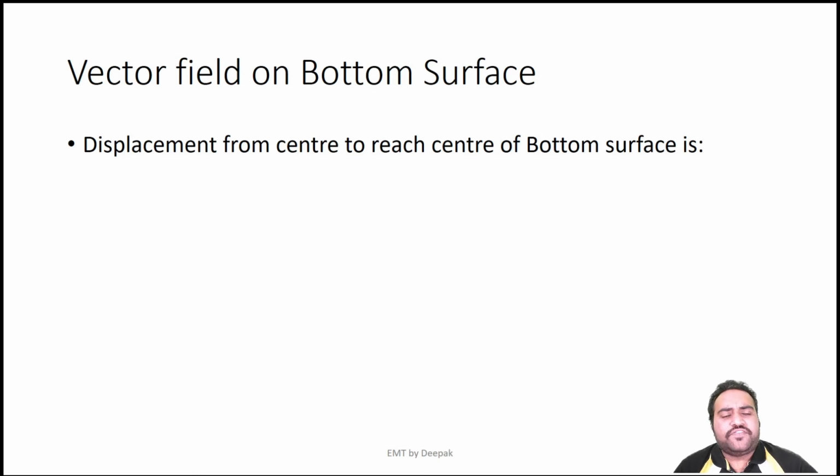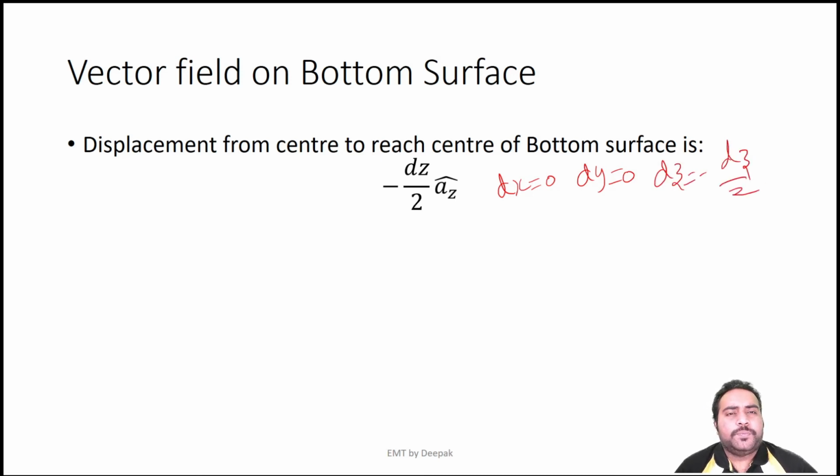So, to reach bottom surface, you have traveled minus dz by 2. That is change in negative z direction. Here, the values of the displacements are dx equals to 0, dy equals to 0, whereas dz equals to minus dz by 2.